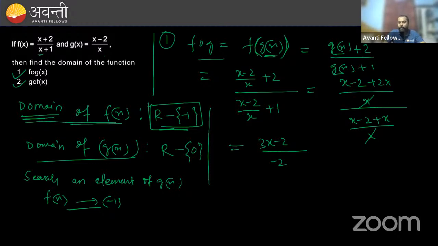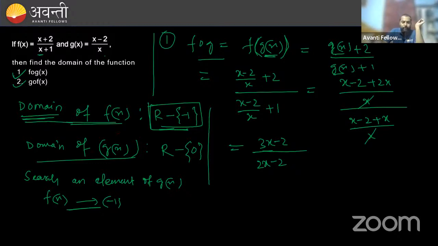So after taking LCM, (x minus 2 plus 2x) by x and (x minus 2 plus x) by x, right? So here we are getting 2x minus 2... we are getting fog, that is 2x minus 2. Is it or not now? Clear?